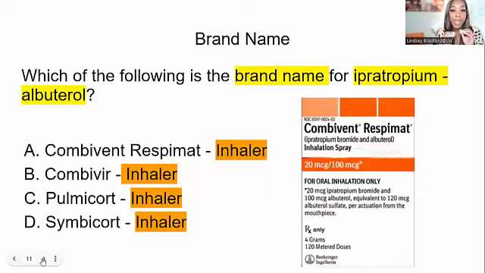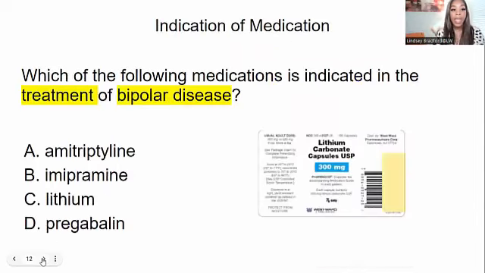All of these are inhalers, and they all can be used for oral inhalation, okay? So when you see Pulmicort, Symbicort, all of these different inhalers, you know that they're all inhalers. Typically, inhalers are used to treat upper respiratory conditions, and so that's what this would be for. Albuterol specifically is used to treat asthma, okay?